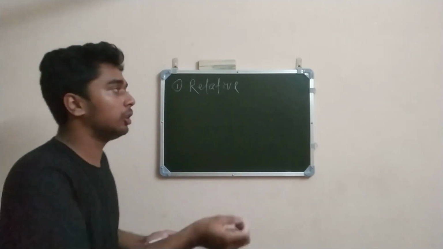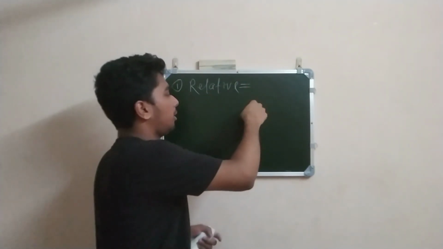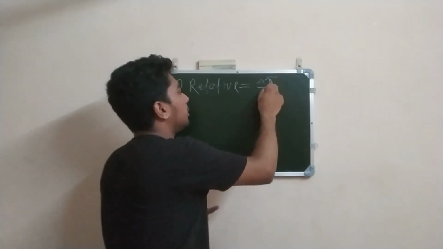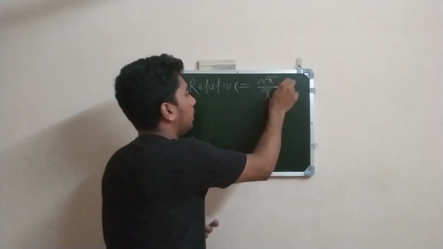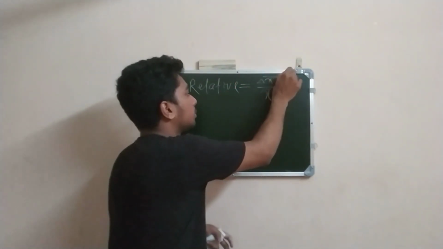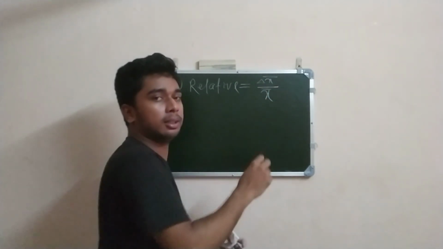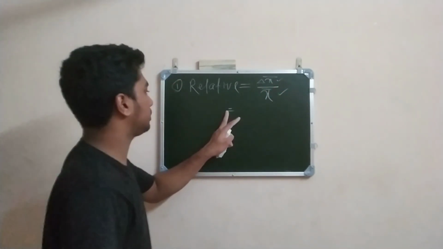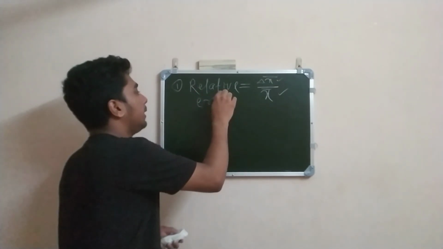The relative error is the fraction of the mean deviation, del x bar, divided by x bar, the mean value. This is called the relative error.